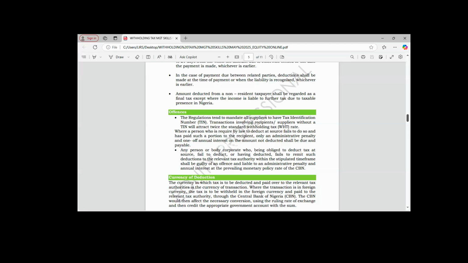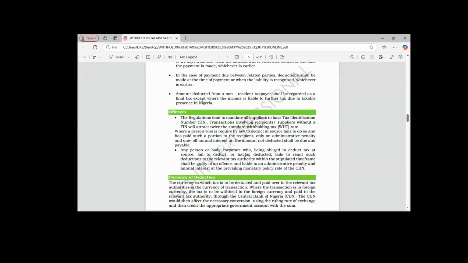Then any person or body corporate who has been obliged to deduct tax at source, fails to deduct, or having deducted, fails to remit such tax within the relevant stipulated time frame, shall be guilty of an offence and liable to administrative penalty and annual interest. So you are supposed to deduct, but either you have deducted, or after you deduct, you fail to remit.